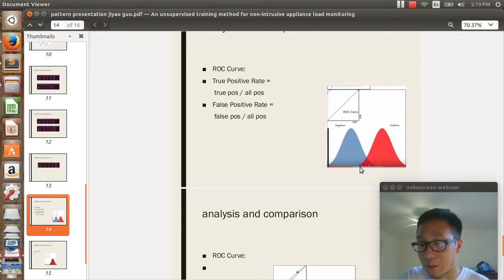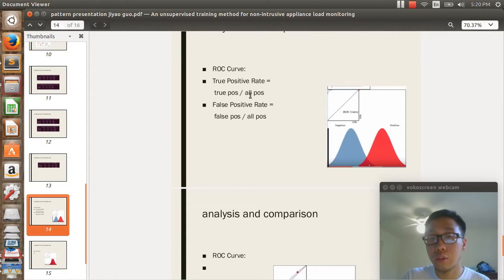I forgot to mention that this right curve is the positive values, and the blue curve has the negative values. So we draw a line here.